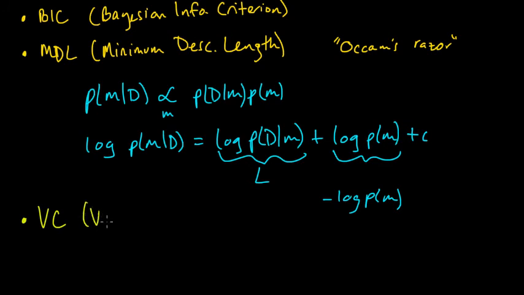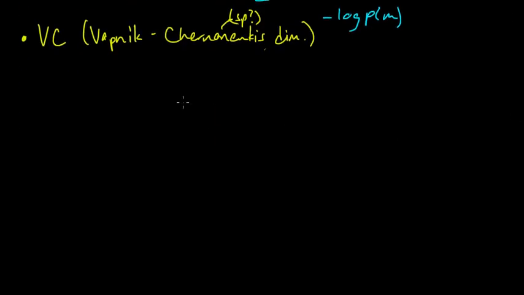Let me just write here: Vapnik, Chervonenkis. I may have spelled that wrong. The Vapnik-Chervonenkis dimension.